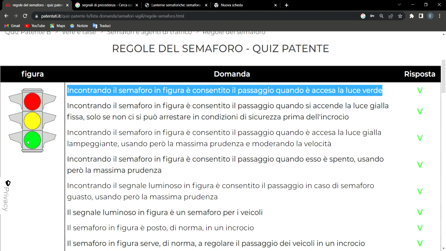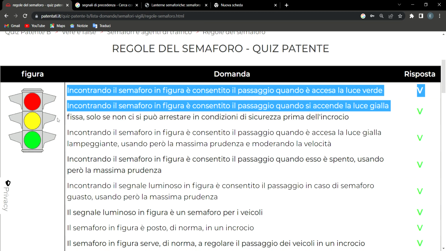It permits you to start moving your vehicles, and it's vero. It is true. When you are in any junction that is regulated with a traffic light, the green light permits movement. So it permits the transit of vehicles. So that is for that.